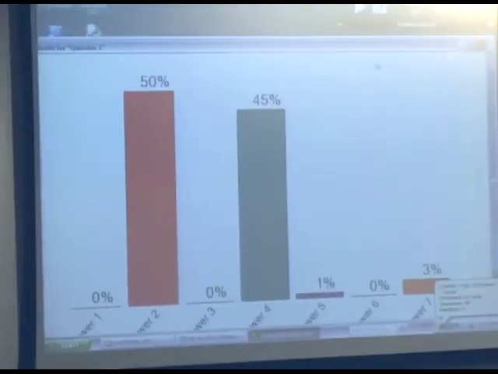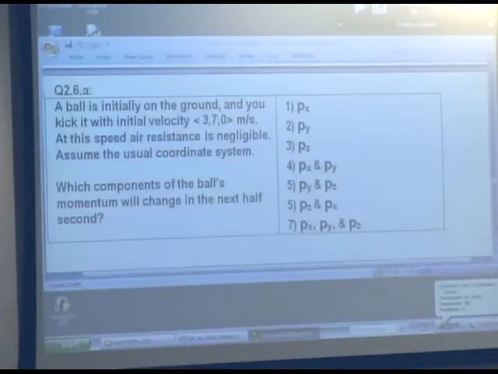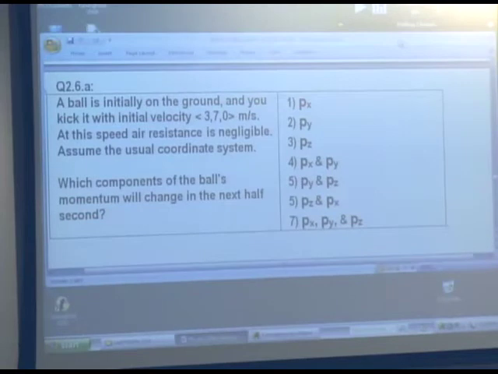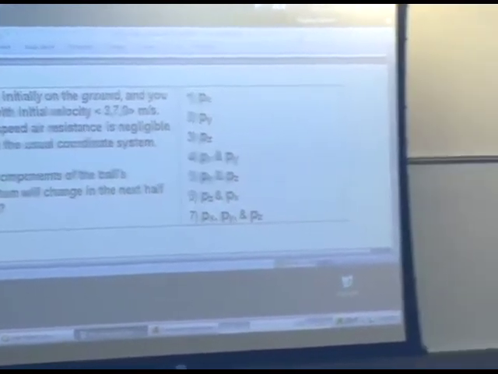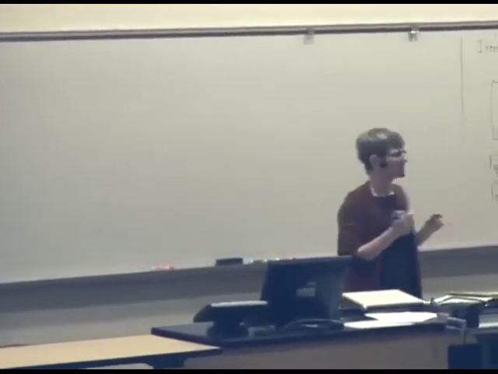So half the class says p sub y and the other half says either x and y or maybe also z. Now, the momentum principle really has something important to say about this, and we need to think about what it tells us.